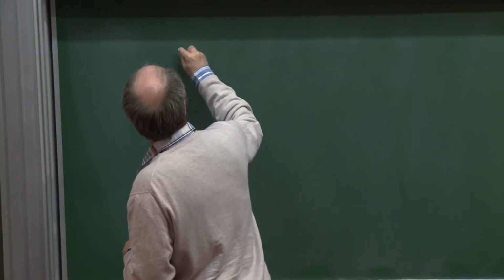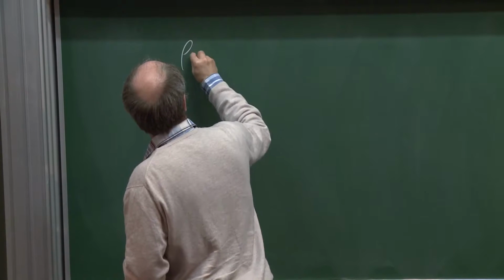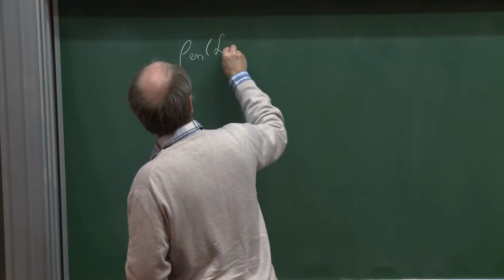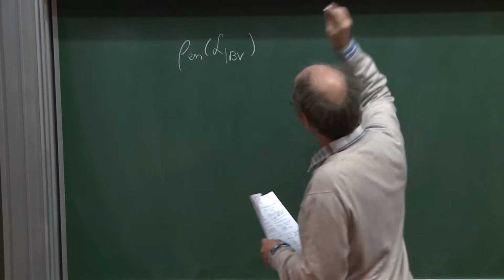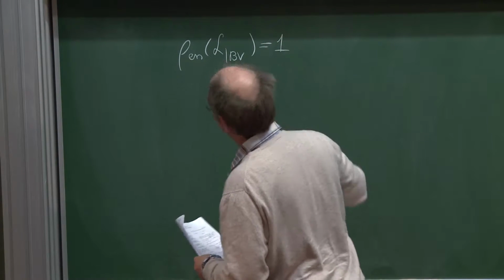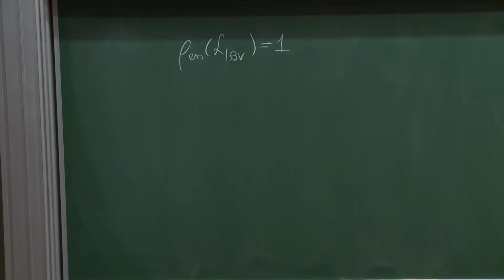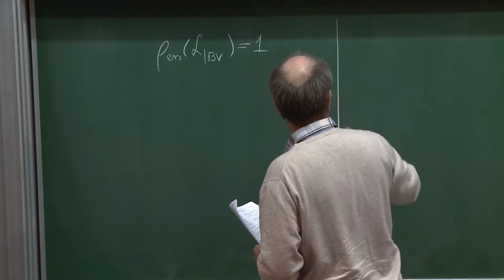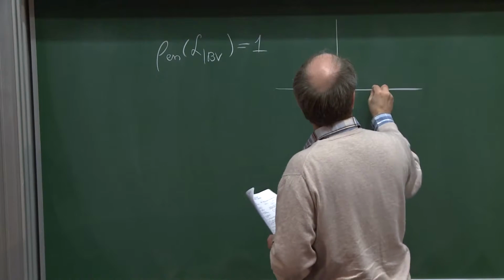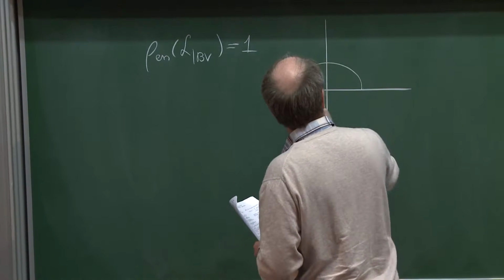So the essential spectral radius of L, but acting now on boundary variation functions, in my context, will just be 1. In any case, if the topological entropy is strictly positive, then you have the following picture here.